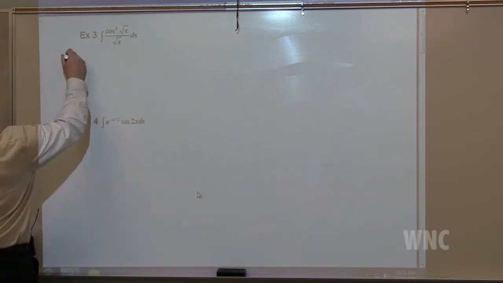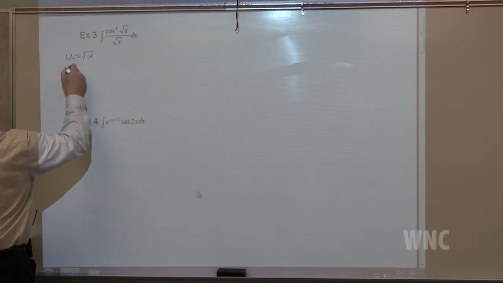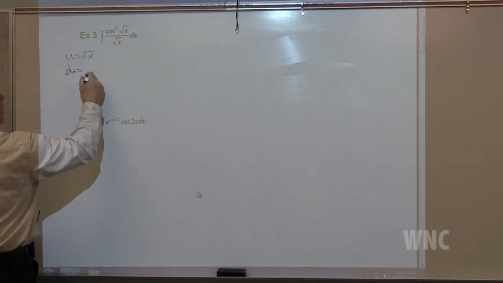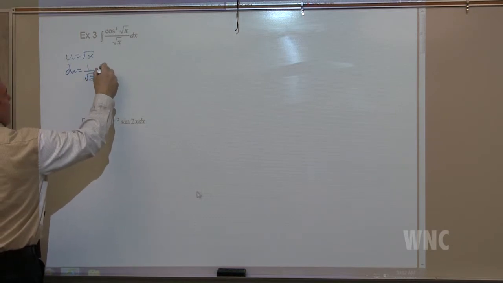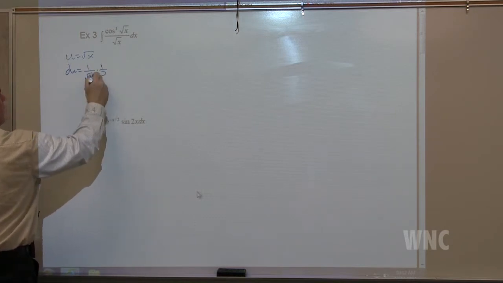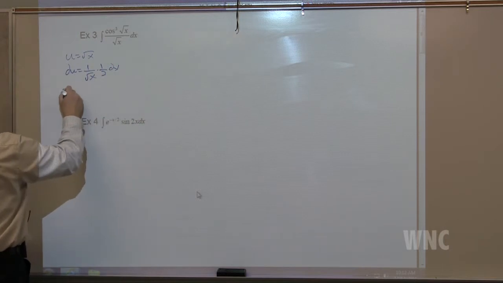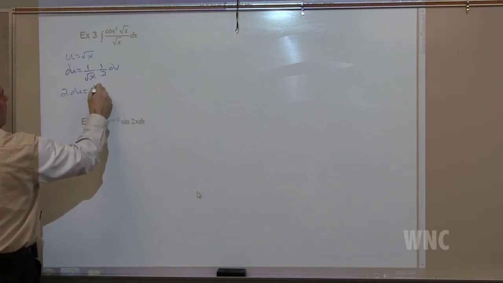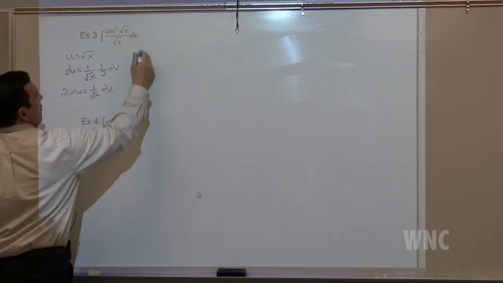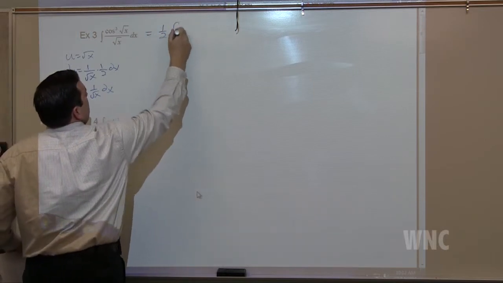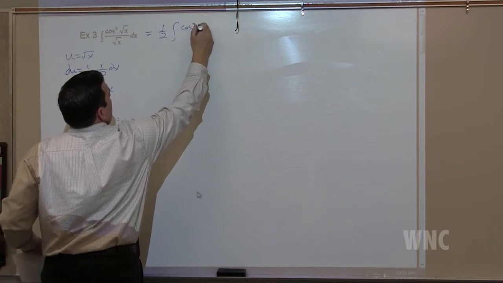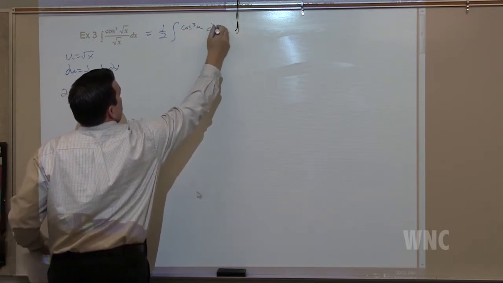Right off, if you look at this and say u equals the square root of x, du is going to be 1 over the square root of x times 1/2 dx. So 2 du equals 1 over the square root of x dx, which means we can make this appear to be 2 times the integral of cosine cubed u du.